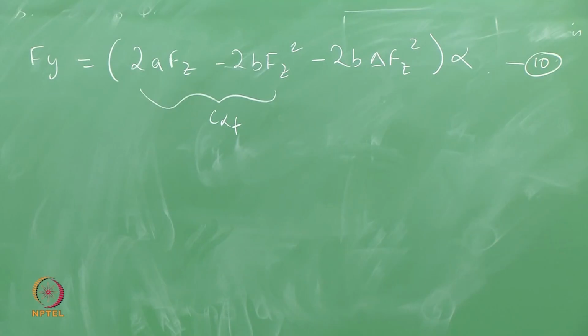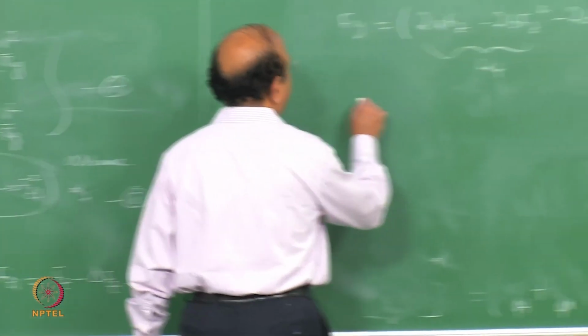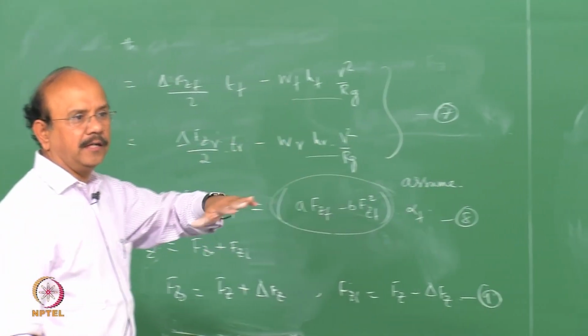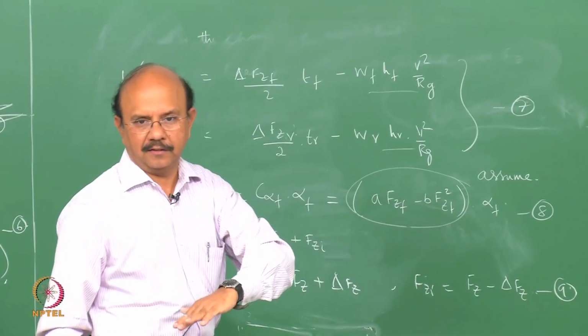Right. So I will write this as Fy front. This is general Fy. Outer and inner can be in the front as well as in the rear.